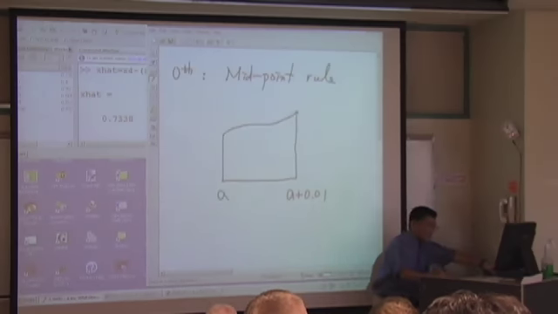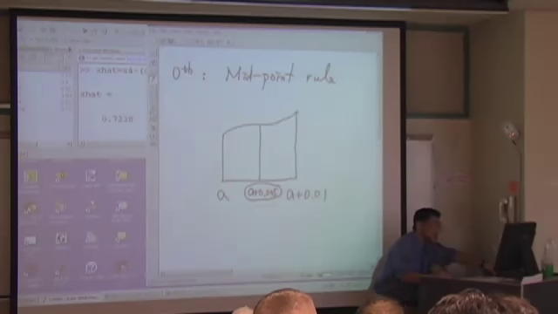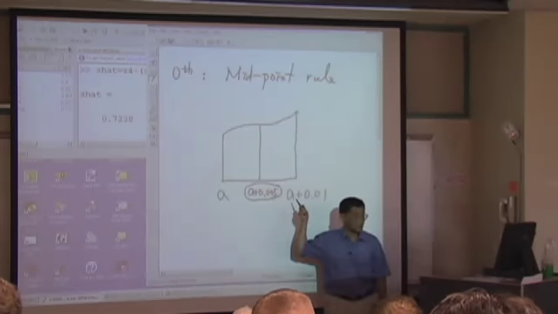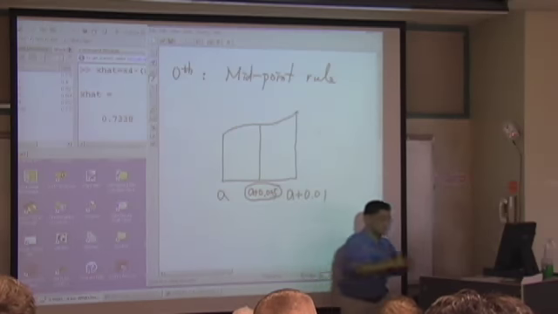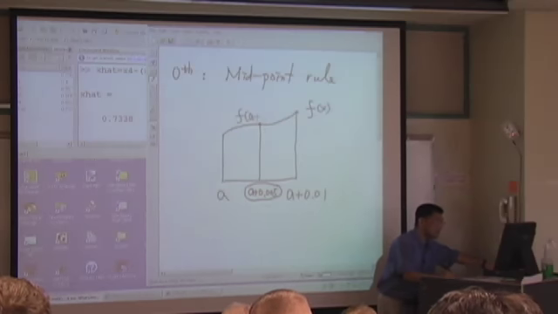Then we should calculate the height at a plus 0.005, right? So we should calculate the height at this point. The function is given by the problem. Usually the function is f of x. The height here is f of a plus 0.005, right?